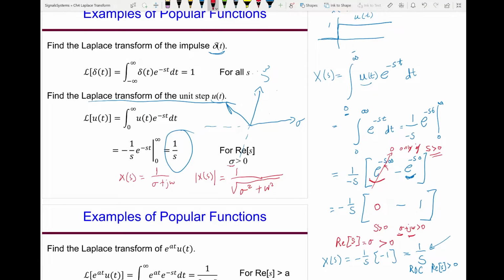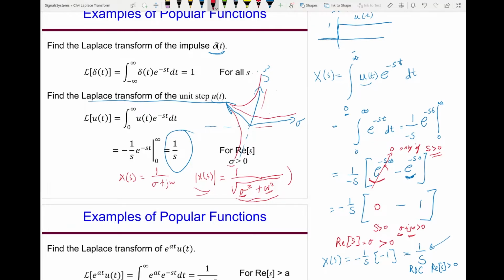And as sigma increases and omega increases, the whole thing will go to 0. But if they are close to 0, if sigma is like 0.001 and omega is 0.001, then this would be very large.